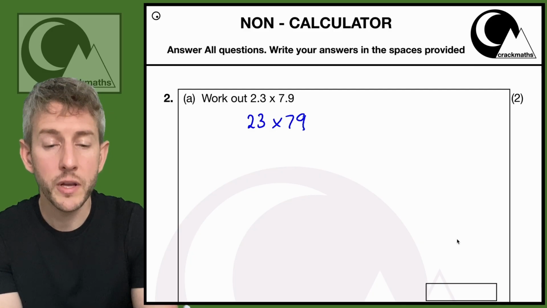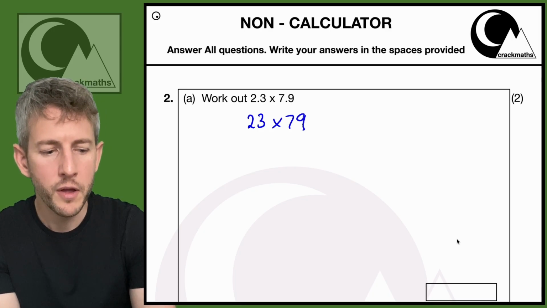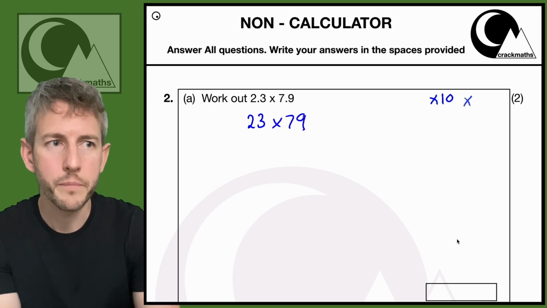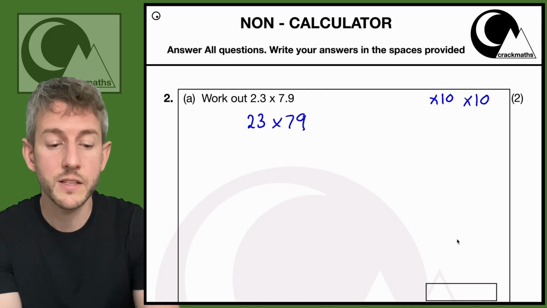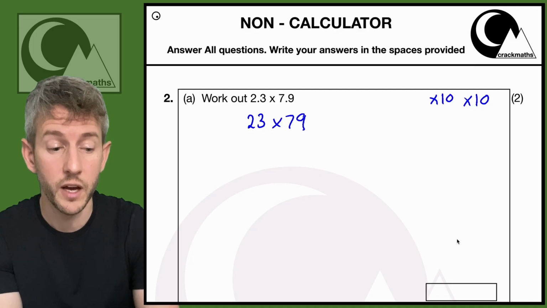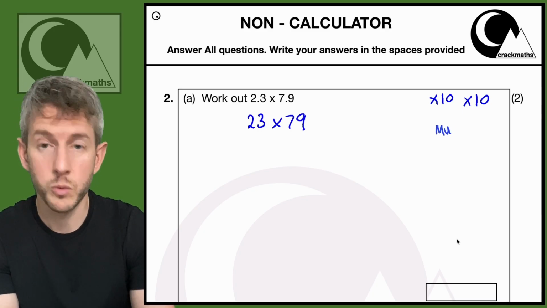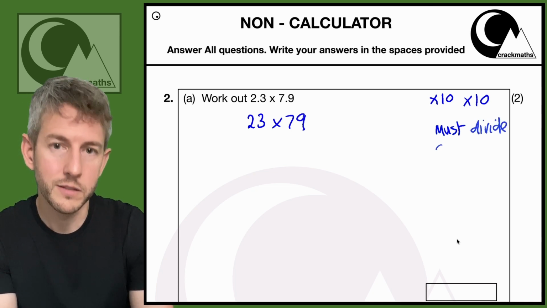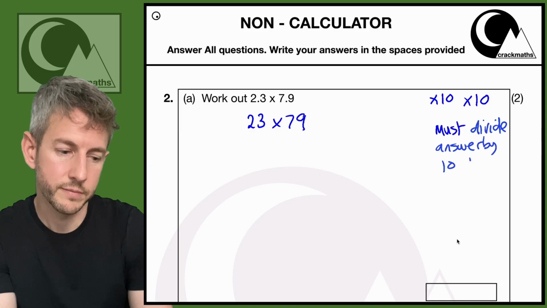Right, now, because I'm using 23 and 79, I've got to remember that my answer is going to be 10 times 10 bigger, because 2.3 times 10 gives me 23, and 7.9 times 10 gives me 79. So I need to make sure that I divide my answer by 10 twice.